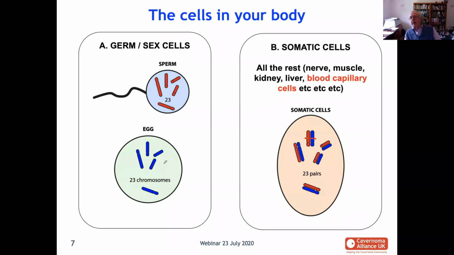Or the same in an egg. And so the chances that you have a cell that's been mutated combining with an egg are extremely low. That's a very rare event indeed.